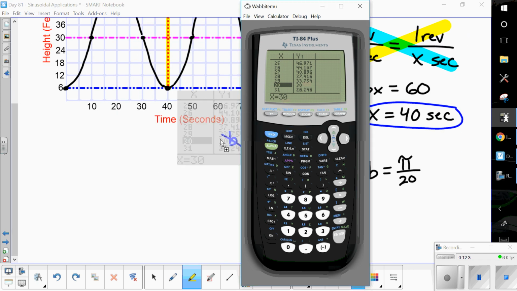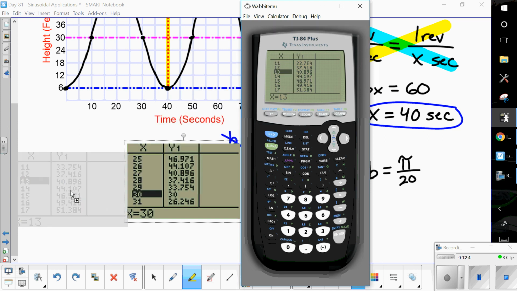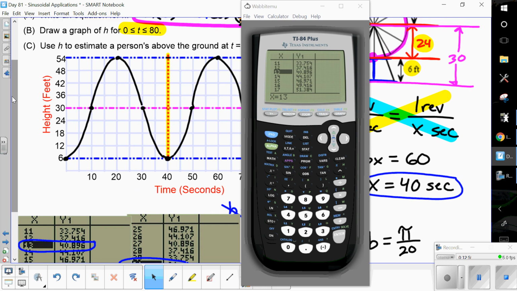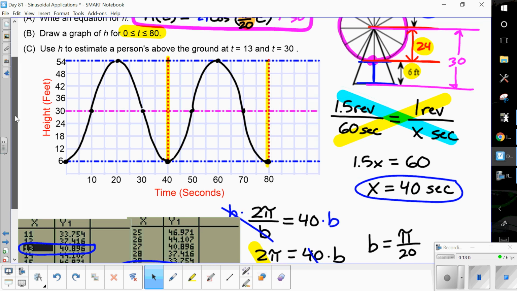I'll go ahead and pull that off. And then here's 13 seconds. I'll go ahead and pull that off. And here's my two answers. So at 30 seconds, I should be at 30 feet. And at 13 seconds, I should be at 40 point, and they asked me to round to, they don't ask to round. What do they ask?